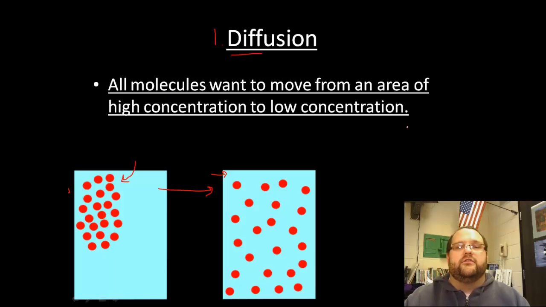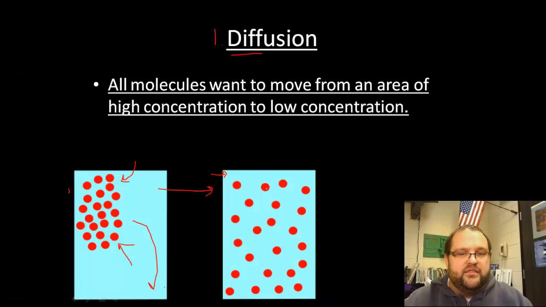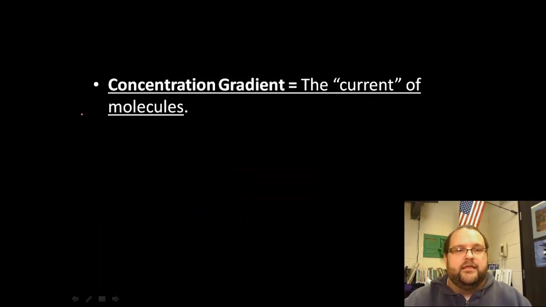So all molecules want to move from an area of high concentration here to an area of low concentration. They want to get down here where there's no other molecules. Because of that, they move until they spread out completely. Okay, we give these some confusing terms. We call this the concentration gradient.